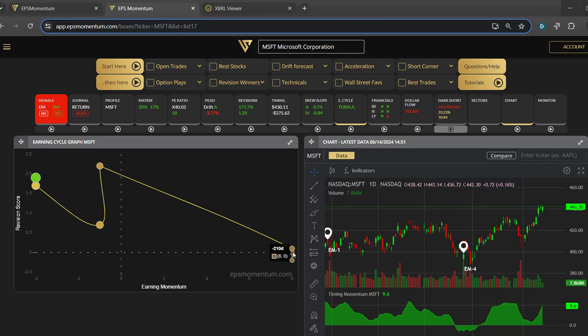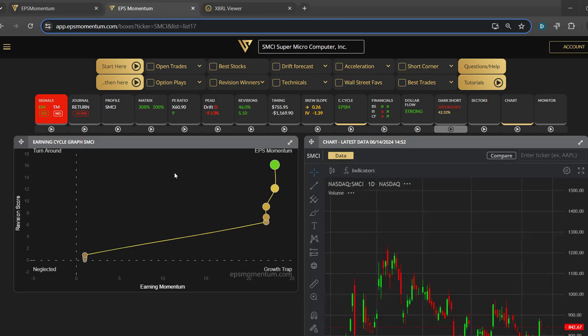Each bubble is 210 days, 150 days, 180 days, 90 days, 60 days, 30 days, and 7 days, so you can follow the story. The green point is the latest point. And I can type any stock in there and see where they are in the quadrant.